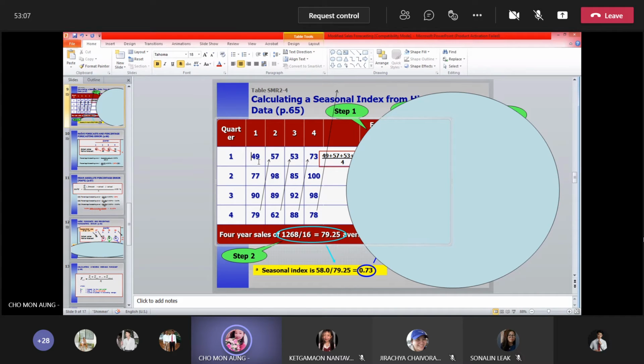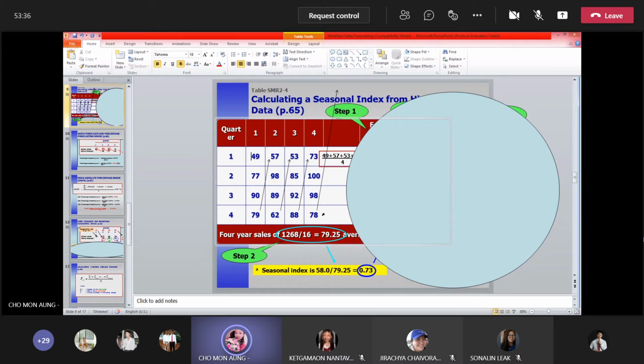Because of this kind of situation, since the longer the period we consider in the past, we need to adjust those past actual sales data to fit the current situation. That's why we need to use deseasonalized sales data, or seasonally adjusted sales data.